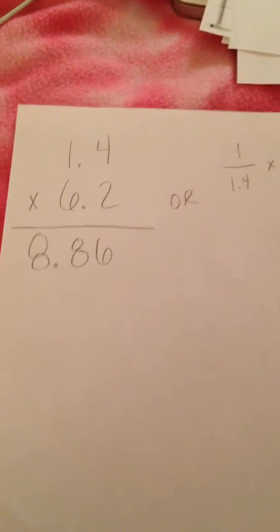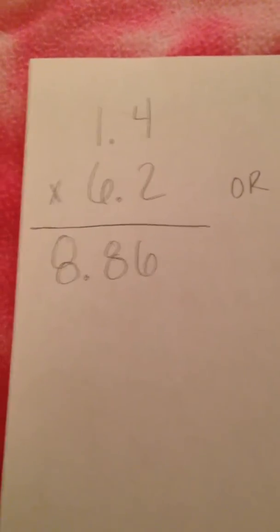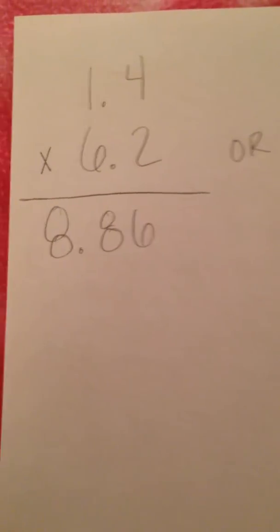If I were to relate with her standard and how she solved this problem, another way that I would show the student of how to solve this problem would be doing it this way, where you multiply 1.4 times 6.2, and this also gives you 8.86 as the answer.